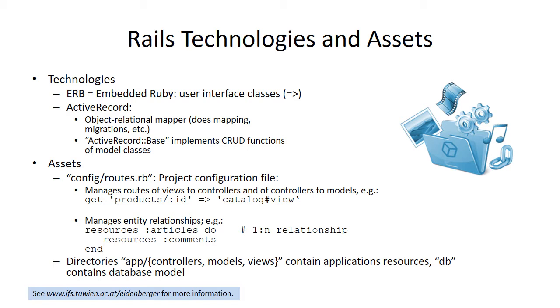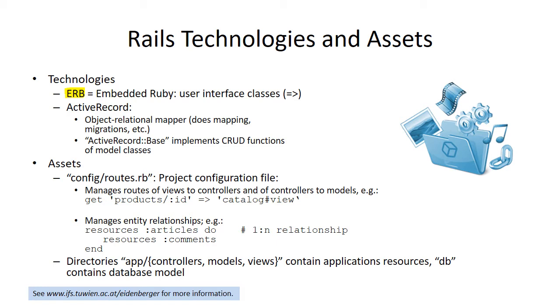Okay, so a few hints on what kinds of assets and technologies you actually have in Rails. There are plenty, of course. One important technology is embedded Ruby, which is the template language for the user interfaces. I give a few examples on one of the next slides. It's very intuitive.